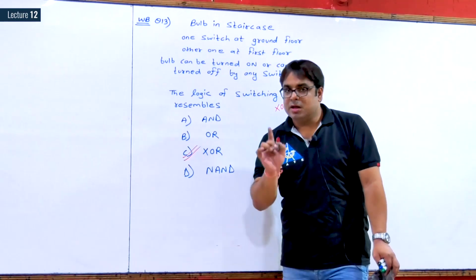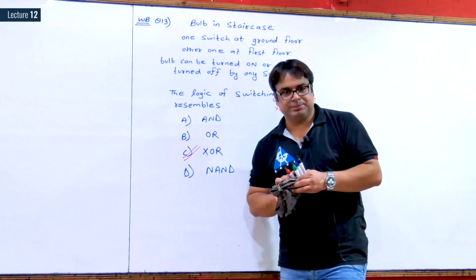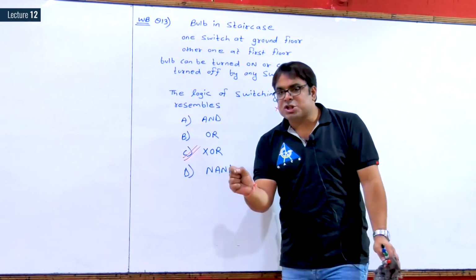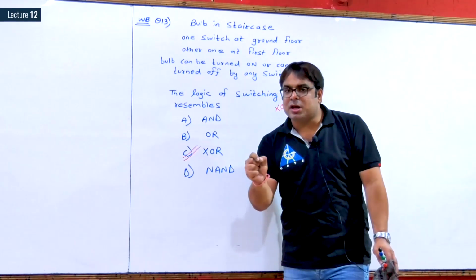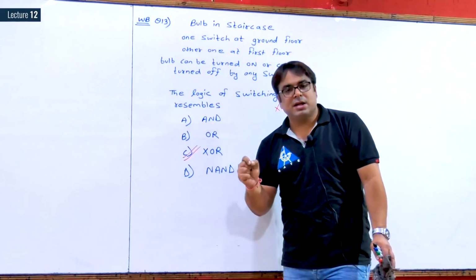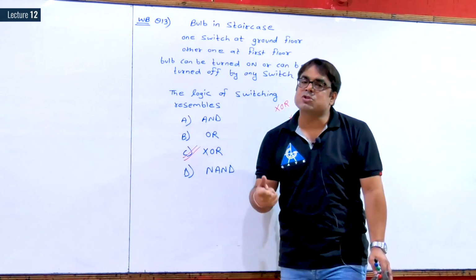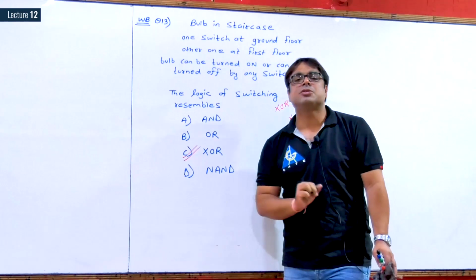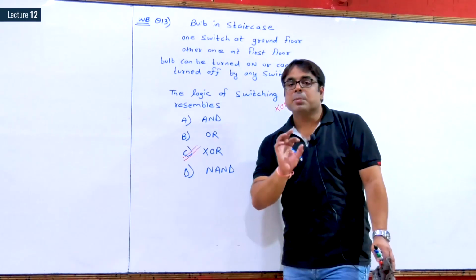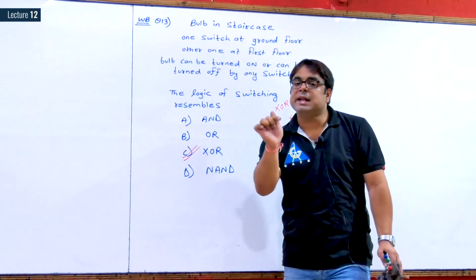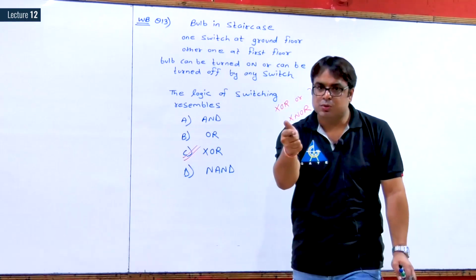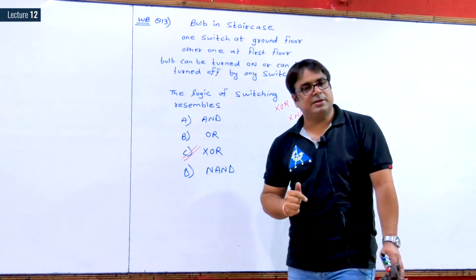But there is one point I want to discuss here. This situation can be implemented using XOR logic and also using XNOR logic. But what does your electrician always do? Just try to think.